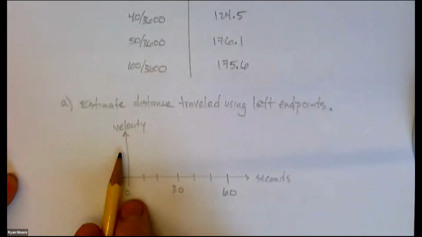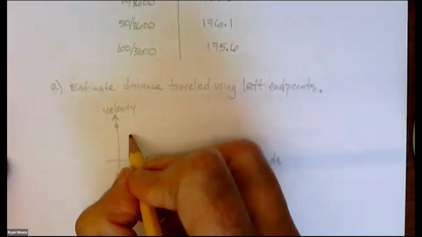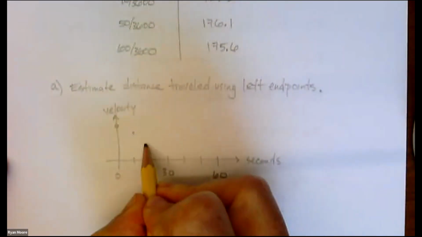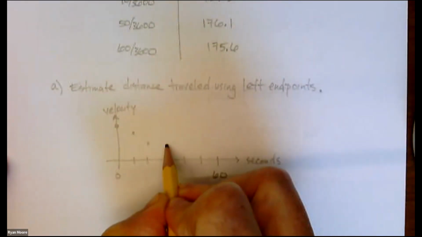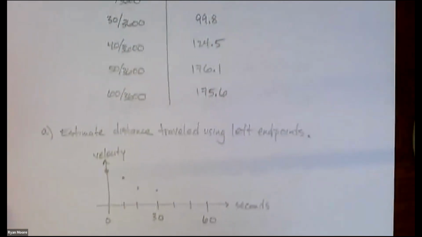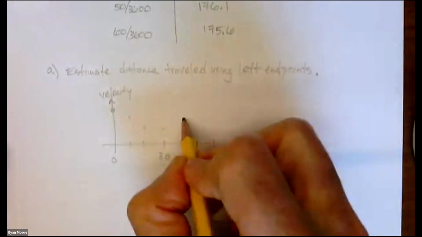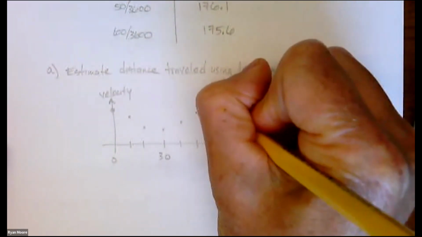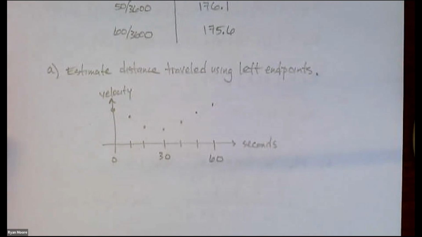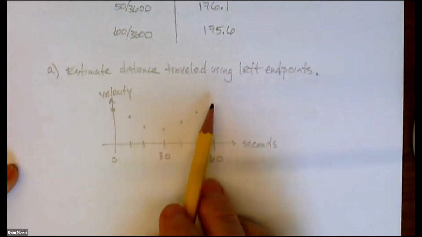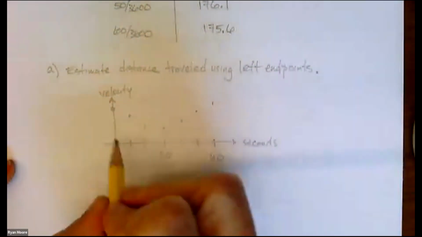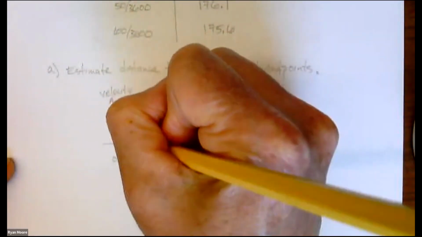At 0 seconds, we know it's up at 182.9. At 10 seconds, it's at 168. And then it's kind of slowing down. At 30 seconds, it's at the slowest speed, just under 100 miles an hour. And then it starts to creep back up. If you can picture the function, we could think of this as left endpoints. So our first region, that's actually a right endpoint.